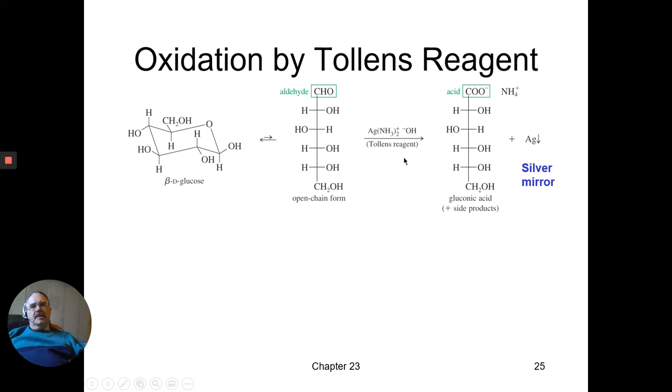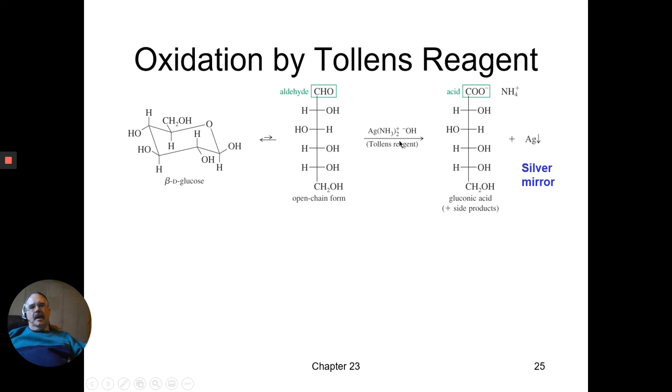So we start out by dissolving silver nitrate in water, and when we make the solution basic, the silver precipitates as silver oxide, Ag2O. But then when you add ammonia, the ammonia forms a soluble complex with the silver, even in basic solution. And this is what's called the Tollens reagent.